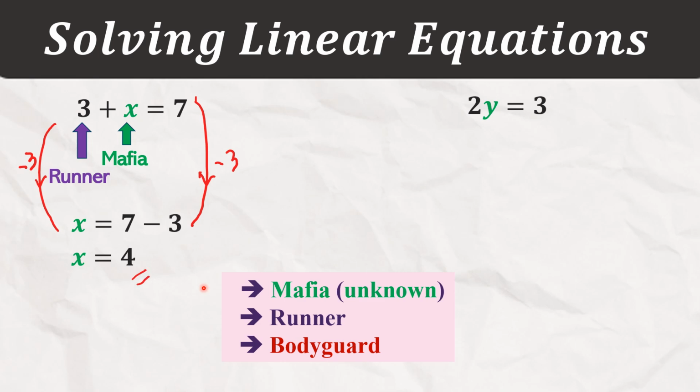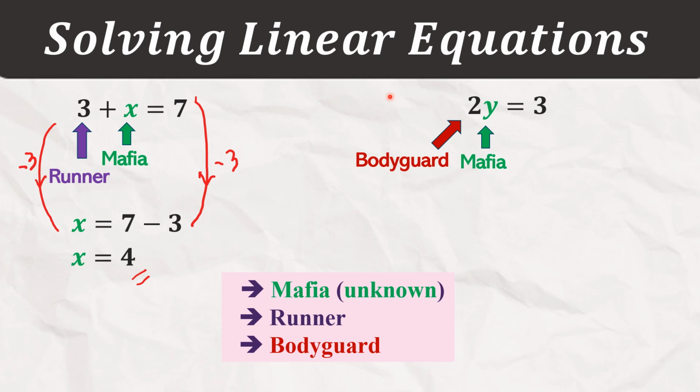Now how about the bodyguard? In the second equation, same, y is the unknown, so I'm going to find y. So y is the mafia. Over here, I notice that there is a number stuck to the mafia. This number that sticks to the mafia, I'm going to call the bodyguard. Same as before, before I can find the mafia, I must first remove the bodyguard.